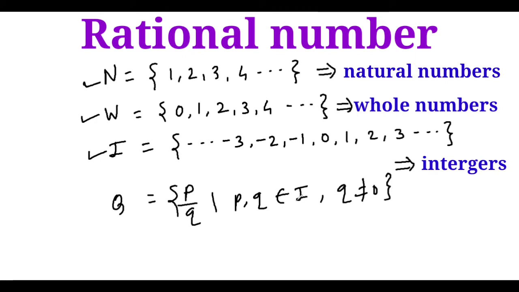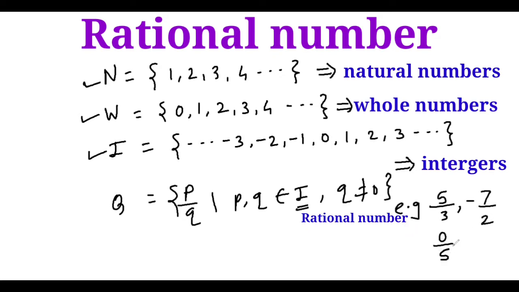Dear students, let's take an example. P and Q are any integers. Integer means what? Positive, negative, all numbers. Suppose 5 upon 3, -7 upon 3, 0 upon 5 also, but not 5 upon 0. Q is a non-zero number, remember that. And R is the set of all real numbers.